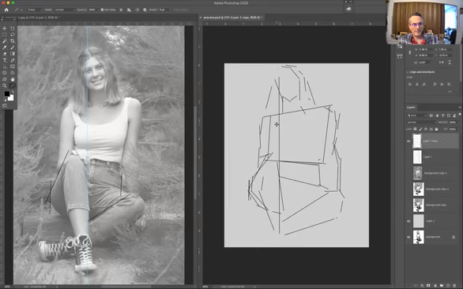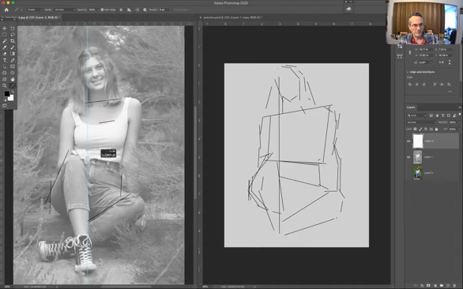But it's like, okay, so what's this? What's the proportion from the top here to there to there? Right? It's not half, it's less than half. So that'd be somewhere around here.